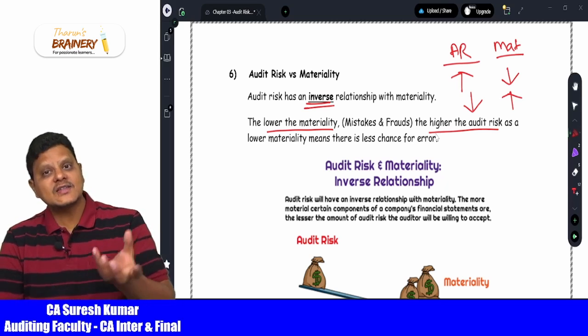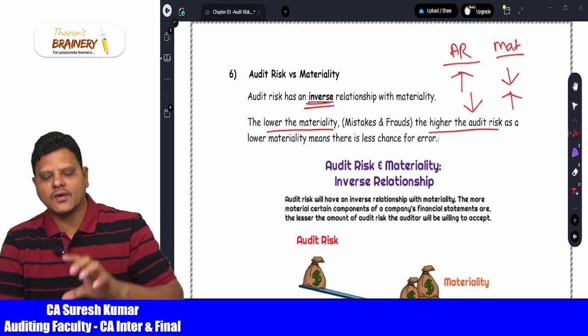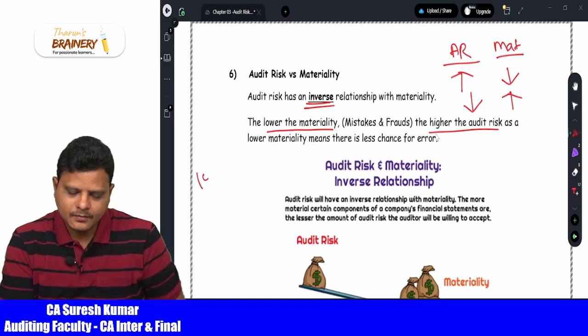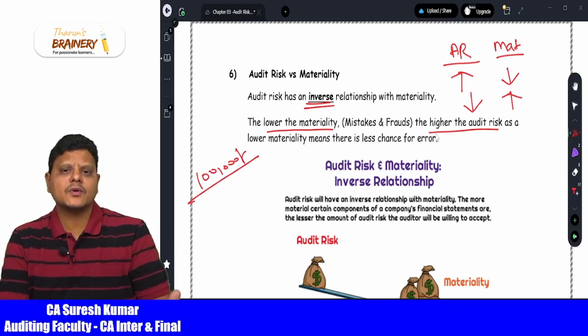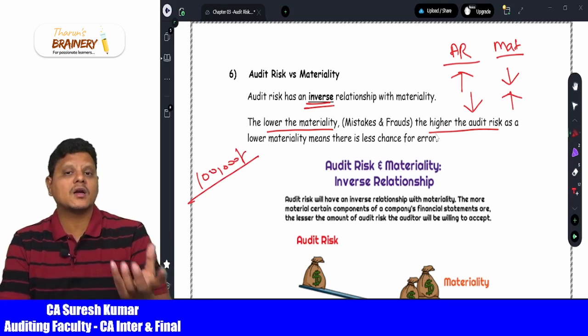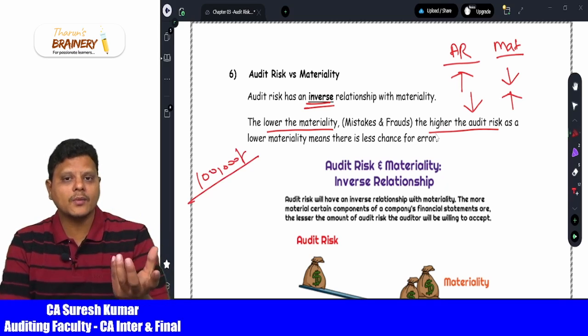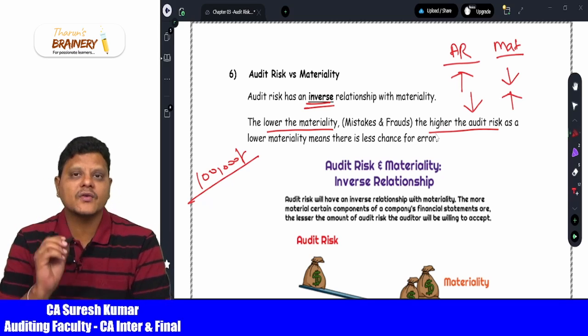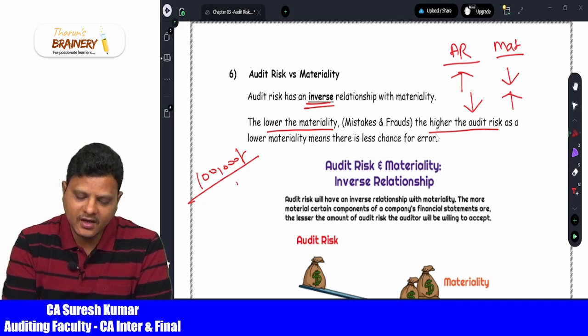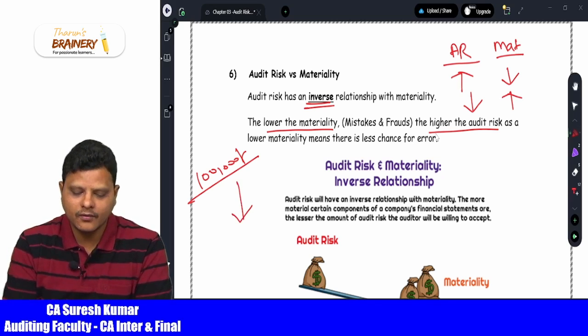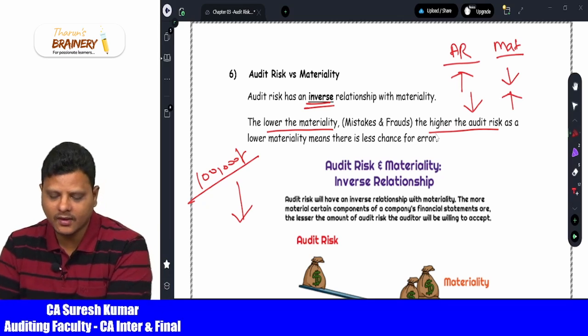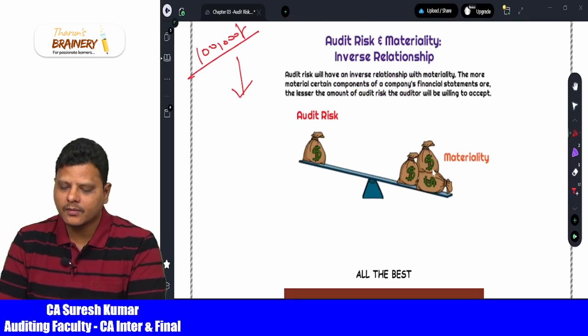Hence, if the auditor sets a high materiality level, for example 1 lakh rupees, then any transaction of 1 lakh rupees not recorded by the management can be easily identified by the auditor. Once the auditor identifies this kind of risk, the audit risk will come to a lower level, which can be reduced to the maximum level.